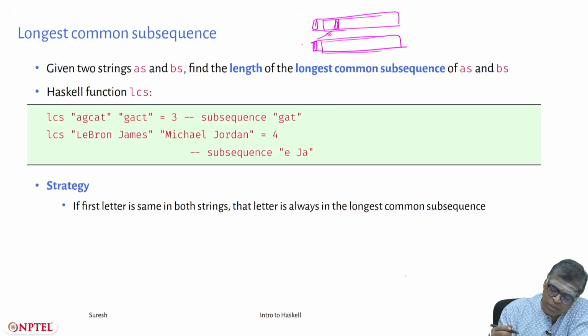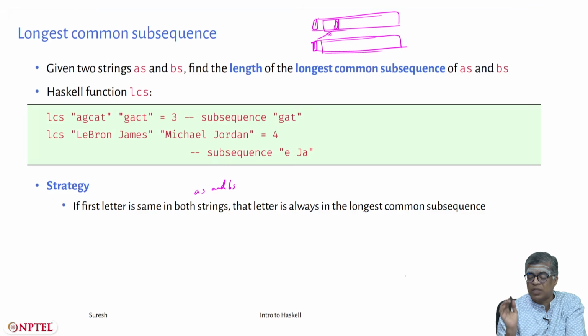So in any case, if the first letter is the same in both strings As and Bs, then that letter always lies in the longest common subsequence.